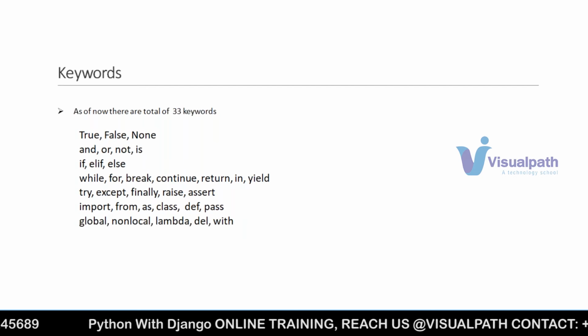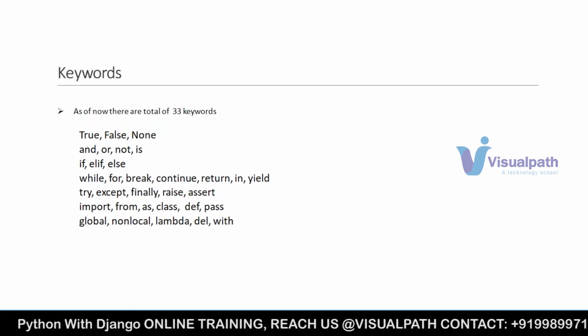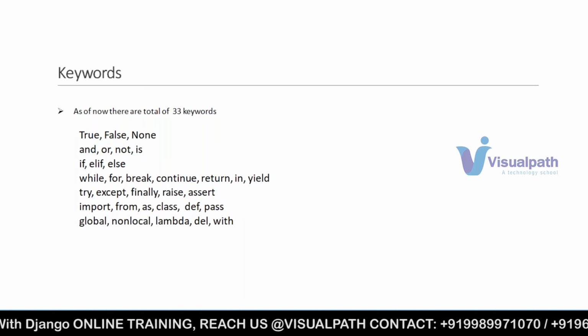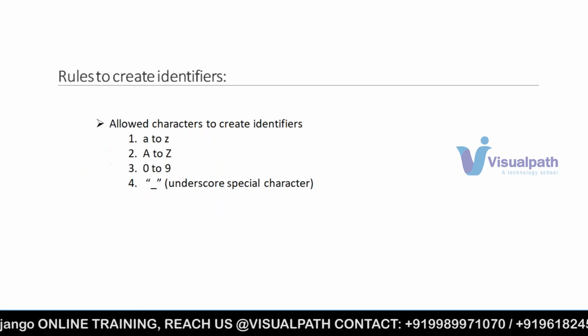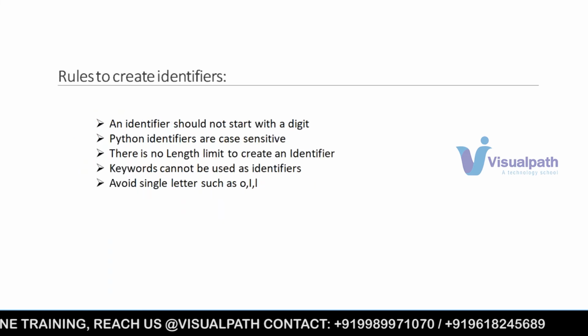Whenever we are creating any variable name, it should follow a proper meaning of what that variable is doing. So these are the basic rules and recommendations to create any identifier.